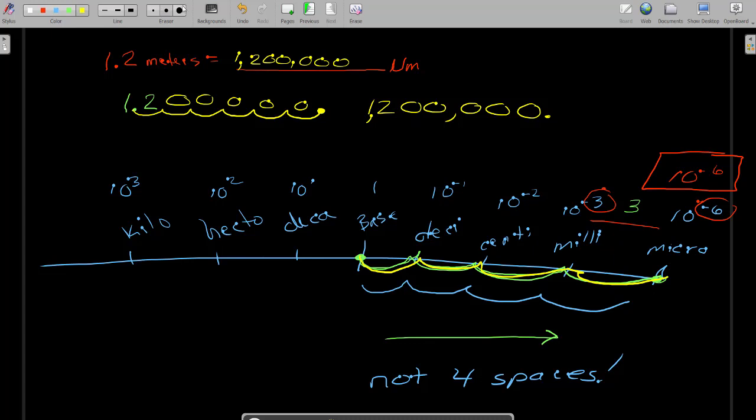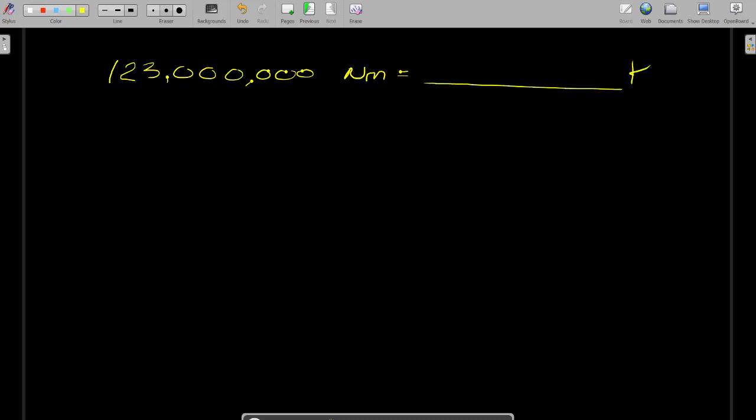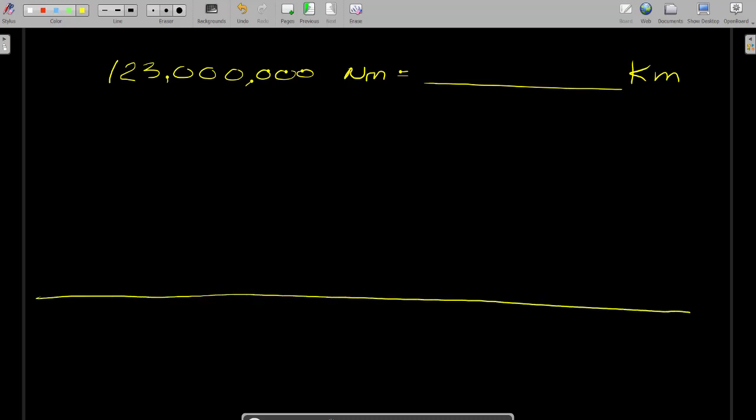And I'll give you one more really quick example using micro. So what if I had 123 million micrometers, and I wanted to know how many kilometers that was. So draw this really quickly.